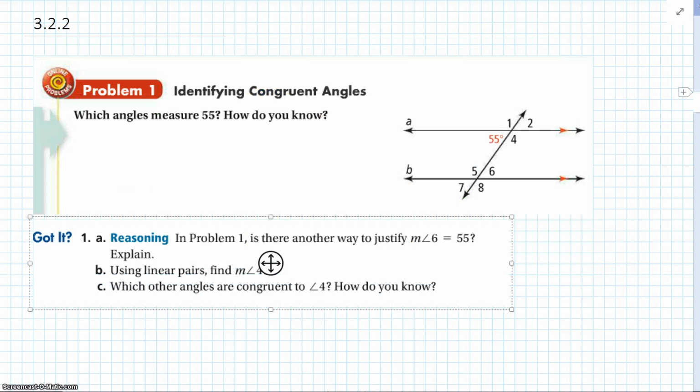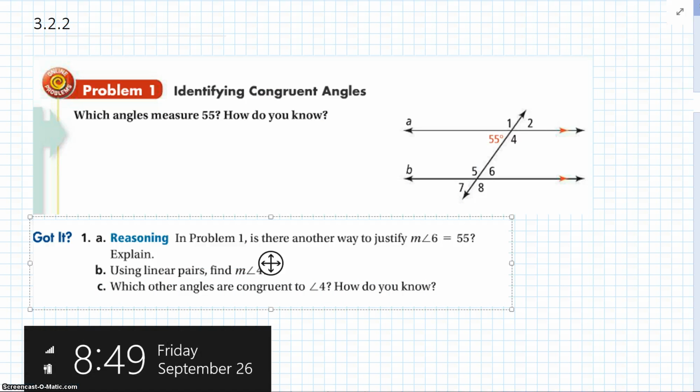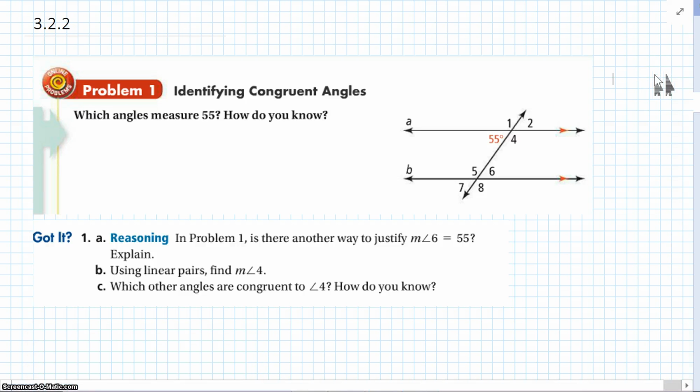So, problem 1, identifying the congruent angles. Which angles measure 55? Well, if angle 1 equals 55, we know angle 7 must equal 55 because they're corresponding angles. What do we know about angle 2? Well, it's a vertical angle, so that's got to be 55 as well.